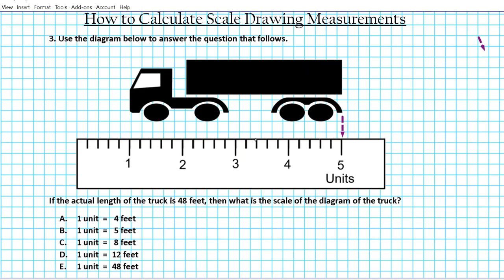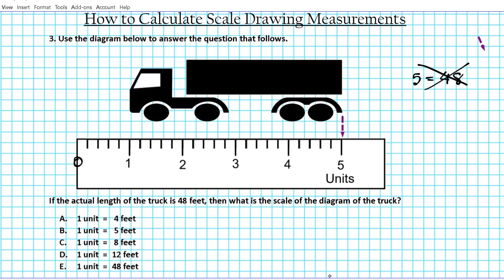The answer is no. If you take a look at this situation right here, the truck is not placed on the 0 position. This is the 0 position right here. So had it been that the tip of the truck were right here, then it would be correct. But in this particular case, 5 units equals 48 feet is incorrect.